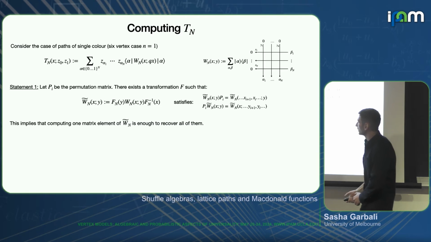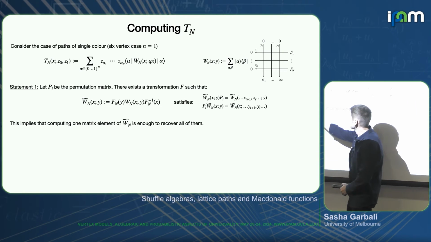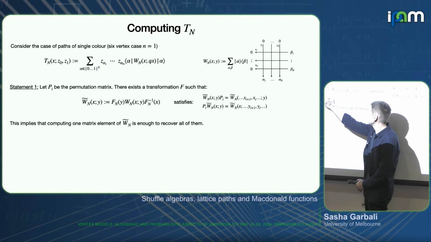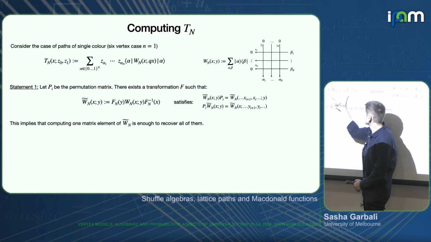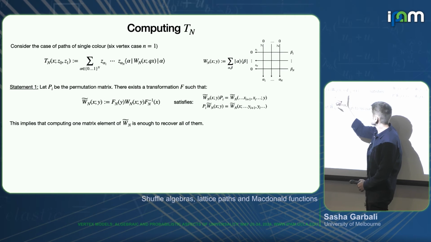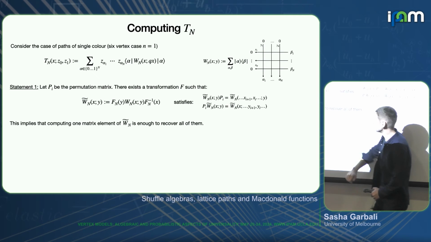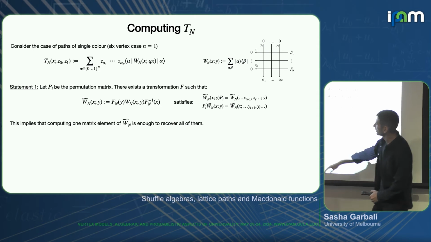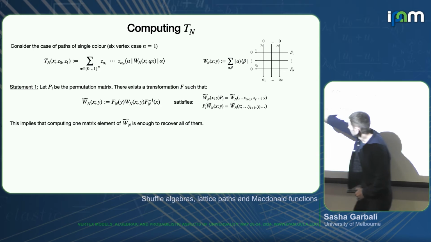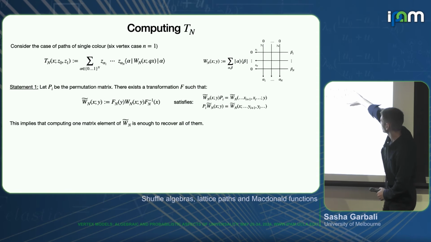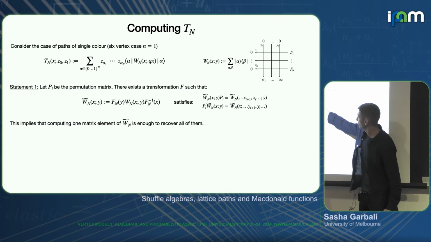which says that there exists a matrix F such that if you take this combination of your matrix W, so this is a conjugation by F, then the transformed matrix W tilde will satisfy a special type of relations. So what are these relations?